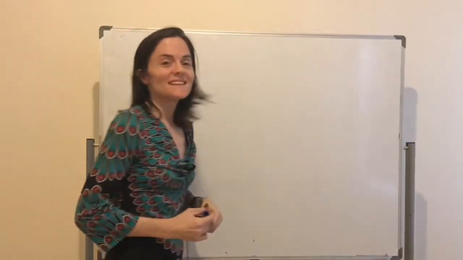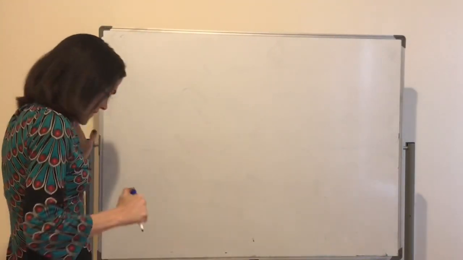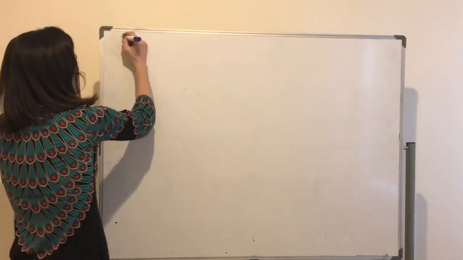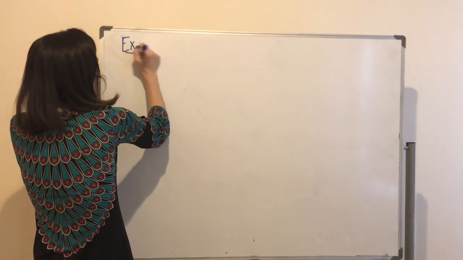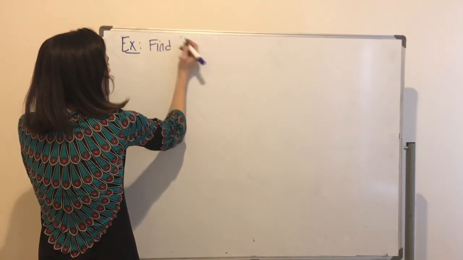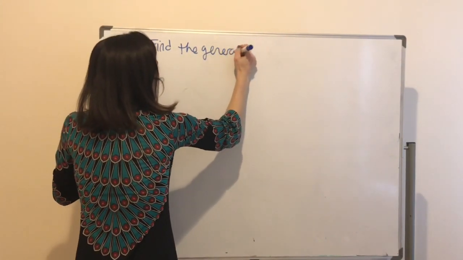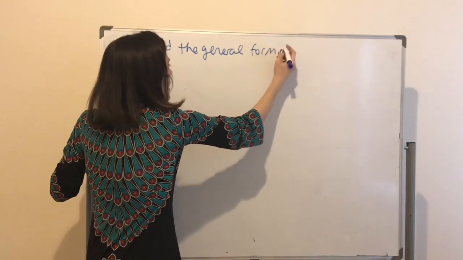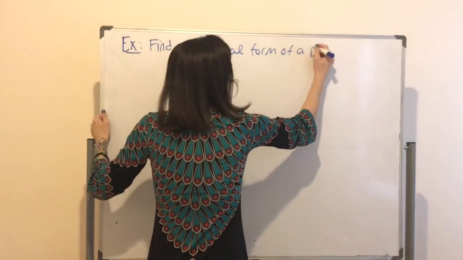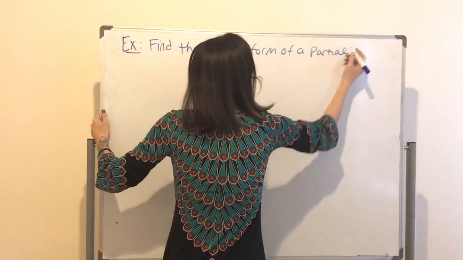Okay. Let's do one more example. This is going to look complicated, but here's the instructions. We would like to find the general form of a partial fractions decomposition.